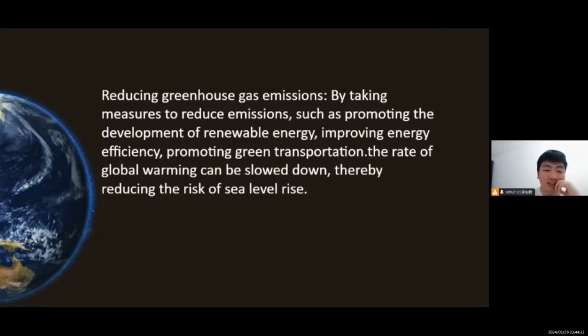By taking measures to reduce emissions, such as promoting the development of renewable energy, improving energy efficiency, and promoting green transportation, the rate of global warming can be slowed down, thereby reducing the risk of sea level rise.